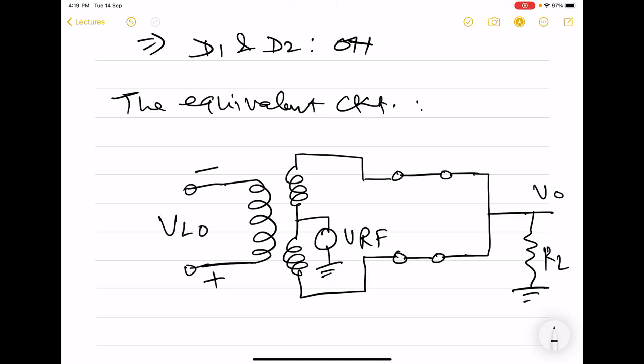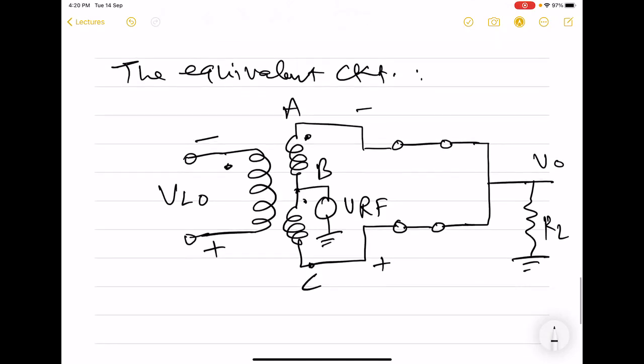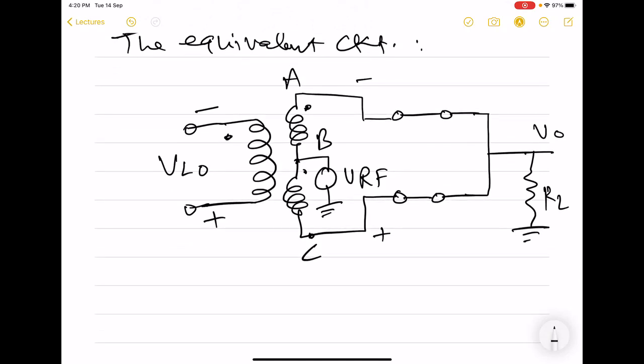So now we have this polarity for the primary and secondary. So here we have already calculated the A and C voltage, but this case is different.